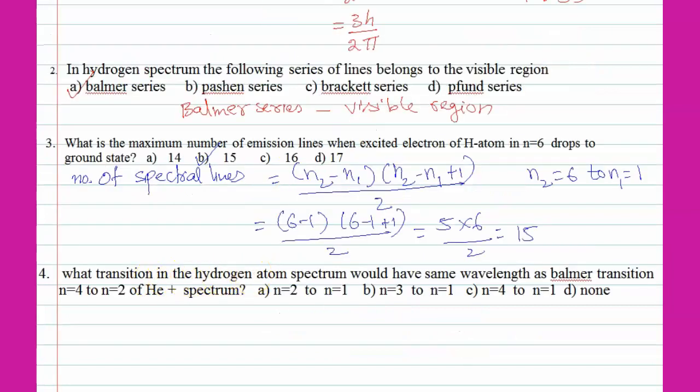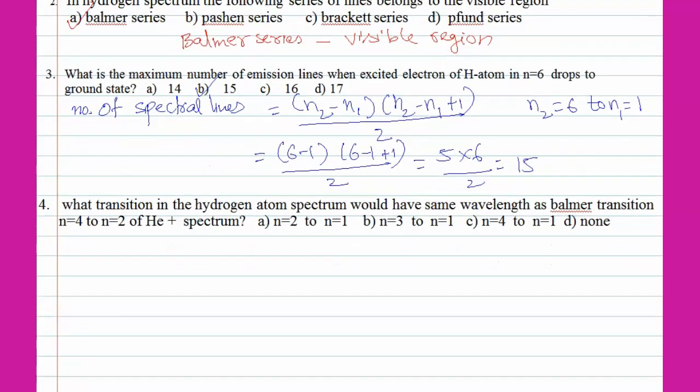Which transition in the hydrogen atom spectrum would have the same wavelength as the Balmer transition n equal to 4 to n equal to 2 of the helium plus spectrum? They gave options. Here they gave a clear idea: we have to find the hydrogen spectrum transition with the same wavelength. So students, we need to know the wavelength formula for transitions. Normally the nu bar formula is there, no?